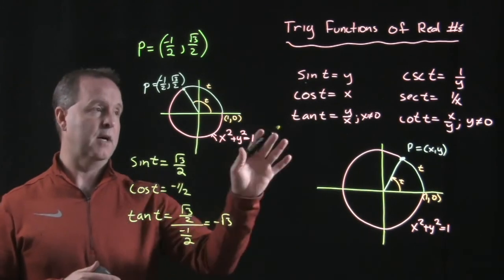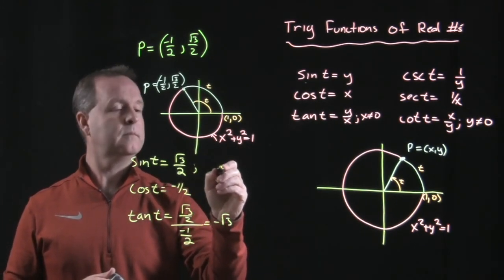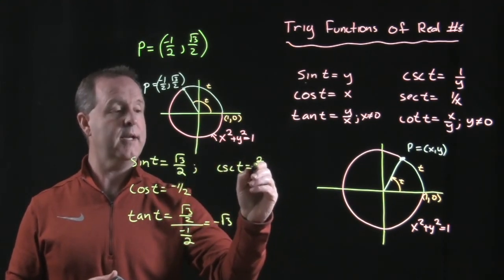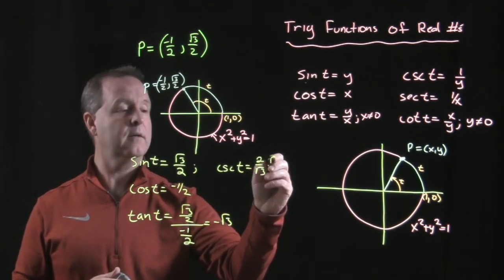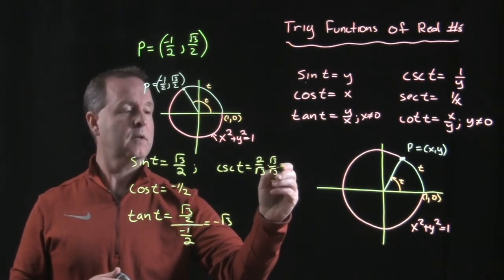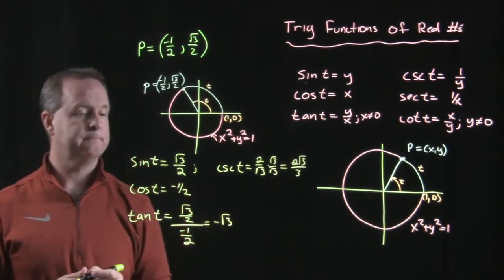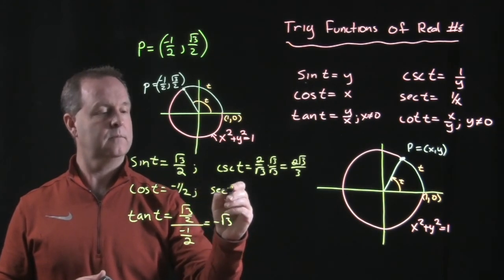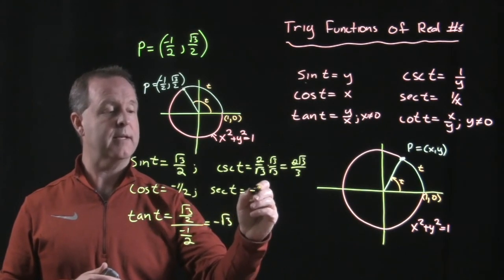My reciprocal functions: the cosecant of t is going to be 2 over root 3. And then I need to rationalize the denominator there, so that's going to equal 2 root 3 over 3. The secant of t, likewise, is the reciprocal of -1/2, so this is -2.